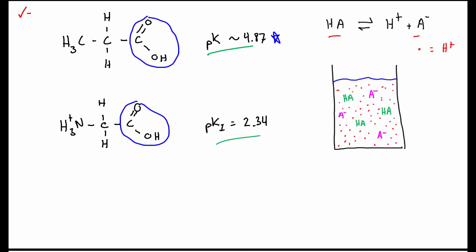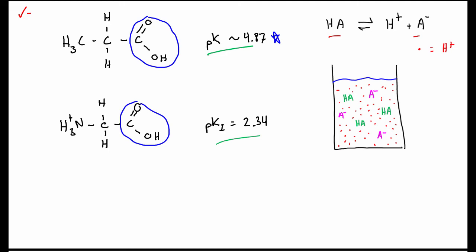And that then is really what we're thinking about when we think about pK as a representation of the affinity of a conjugate base for its proton. The more protons that are required in the surrounding environment to protonate it, the weaker the conjugate base's affinity for a proton, because you have to have more and more of those.